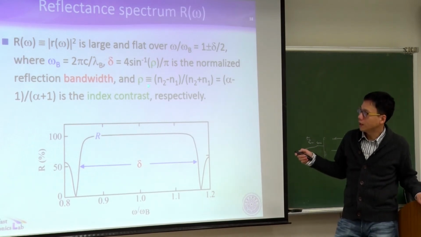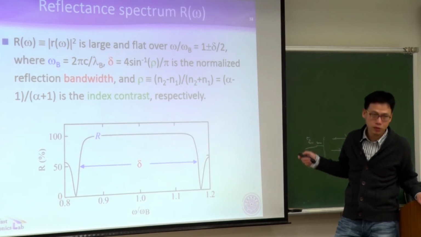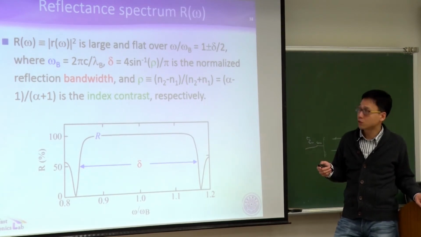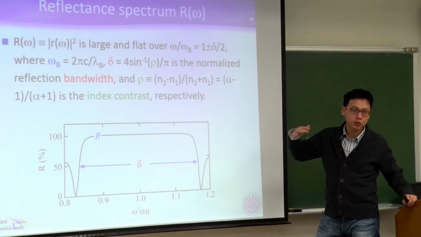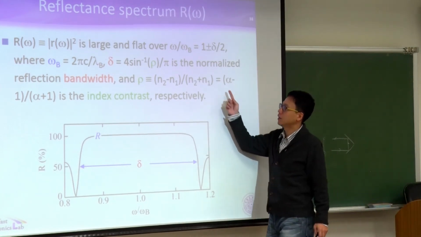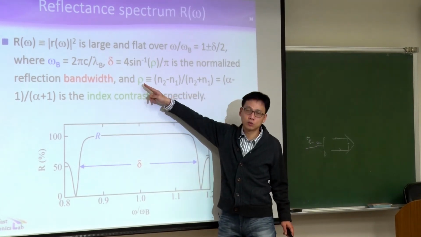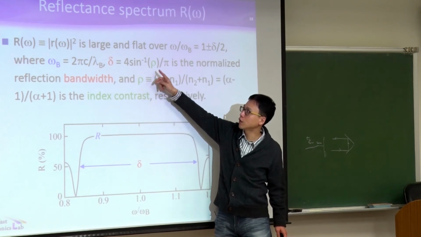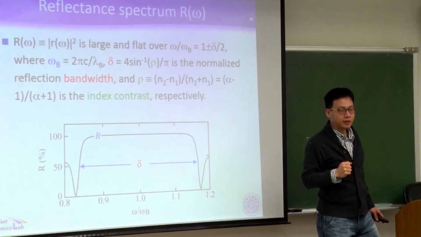And the rho is index contrast. The formula is here: (N2 minus N1) over (N2 plus N1). 这就是一个你不是有那个 N1 N2 N1 N2 的结构吗？这个折射率的对比度就叫做 rho，用 rho 可以决定 delta，也就是决定这个 bandwidth。Okay.